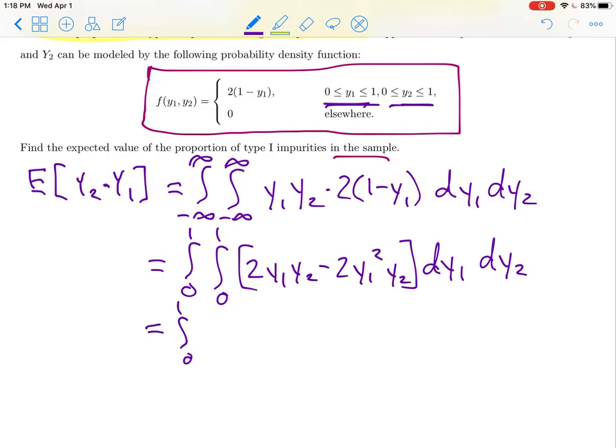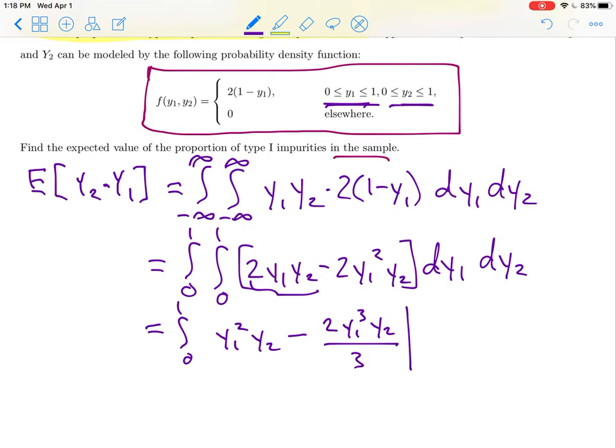When we integrate 2 y1 y2, that's going to integrate to y1 squared y2. When we integrate this next piece with respect to y1, we now have 2 y1 cubed y2 over 3. Remember, we're treating the y2 as a constant. So we've added 1 to the power of y1 and divided by the new power.